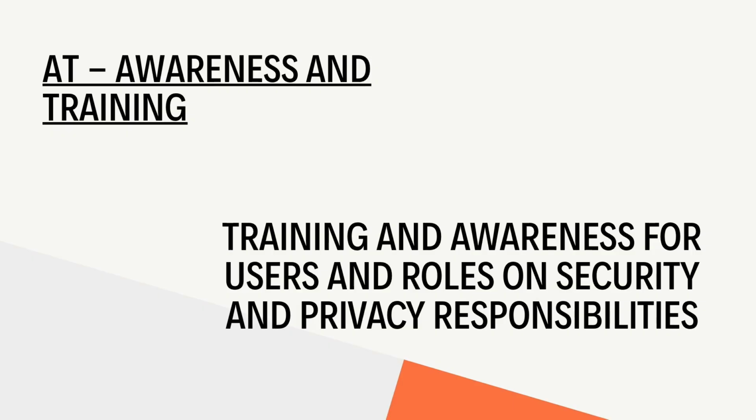AT, awareness and training. It is very common to just say training and awareness. That's what rolls off most people's tongue. But awareness and training ensures that users are trained to understand and follow security practices. Even if you're not in IT, you may have come to a gotcha moment where you clicked on something and got a message saying this is a simulation and you failed, and then a whole bunch of training is assigned to you.